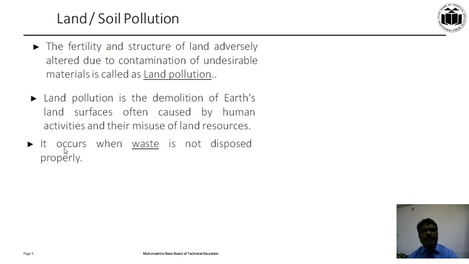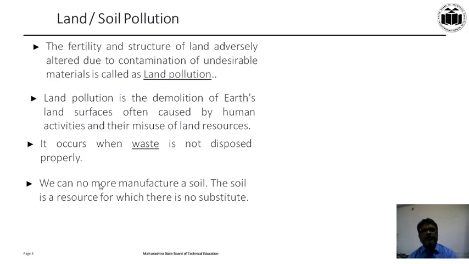The land pollution occurs when waste is not disposed properly, whether it will be liquid waste or solid waste. When the waste is not disposed properly or when the scientific method is not applied for the disposal of waste, then the land pollution occurs.